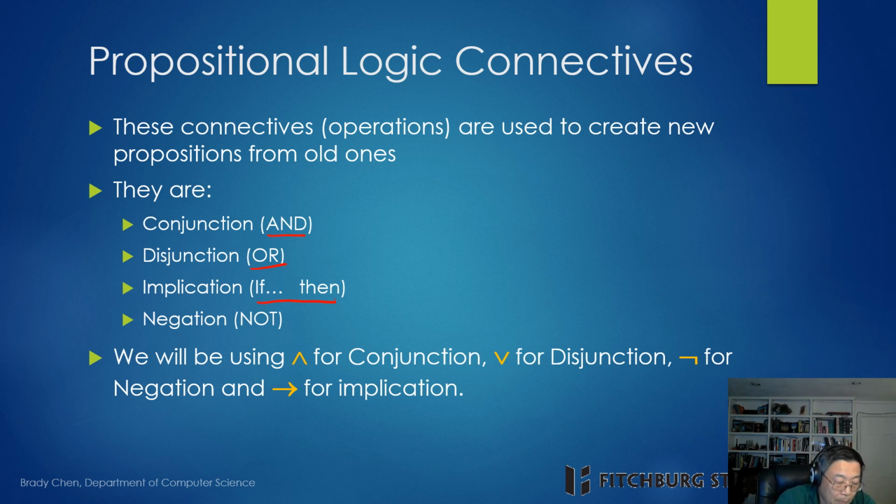Now, we also use math notation to represent these 4 operations. For the conjunction, we typically use the notation like this, and disjunction is like this, and negation, and for implication, we use the arrow.